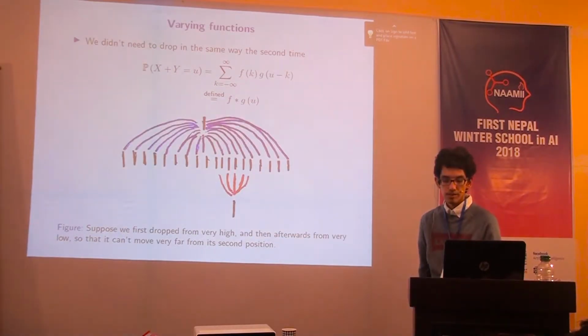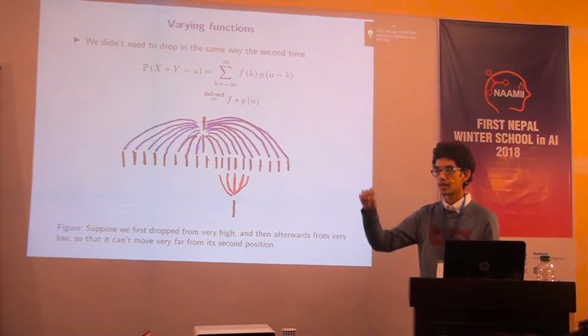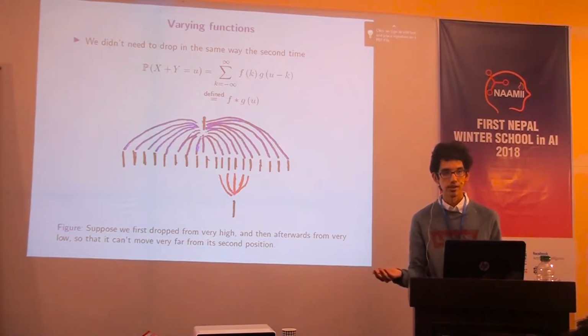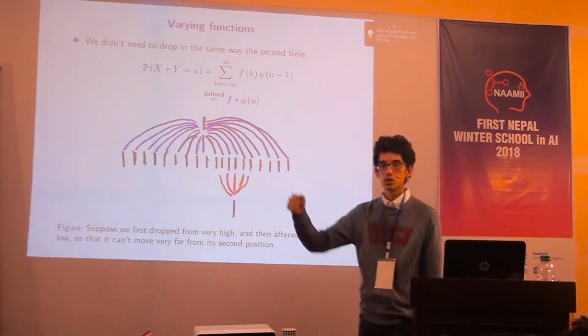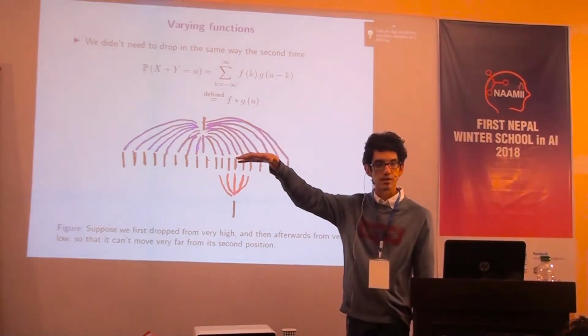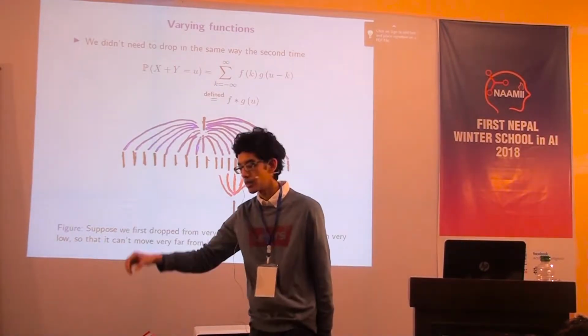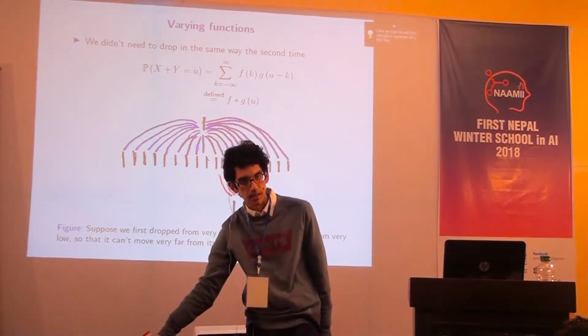So far I've been thinking about dropping it and then dropping it again from the same height, so it's the same function, but nothing about my derivation required it to be the same function. I could have dropped it from a very high position first, looked at where it landed, and then dropped it from a very low position the second time around.